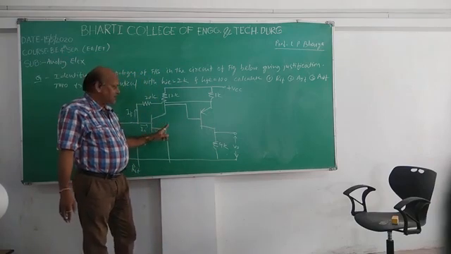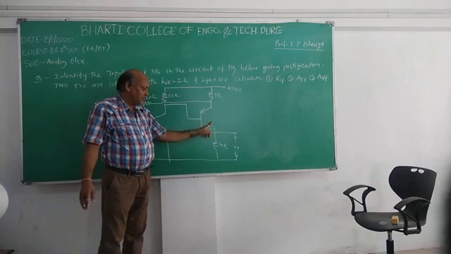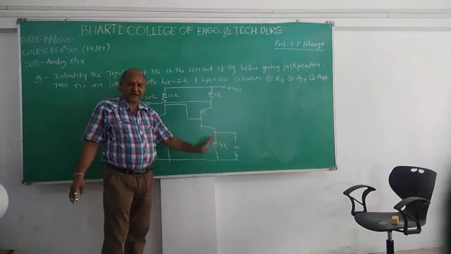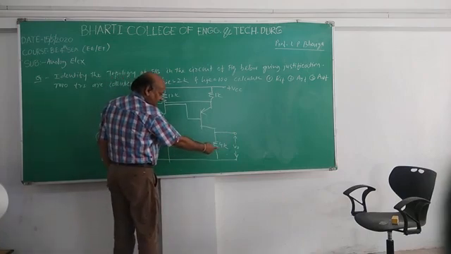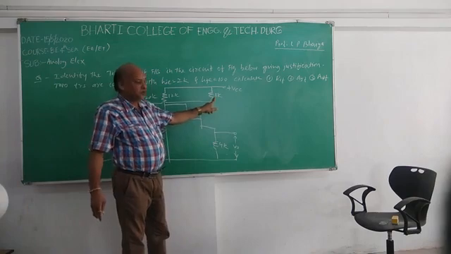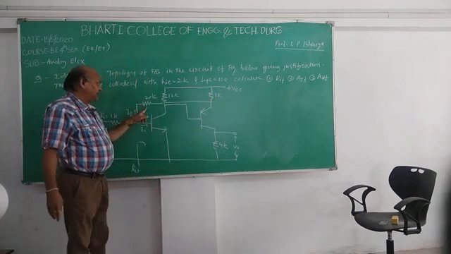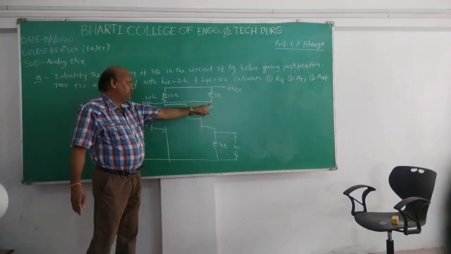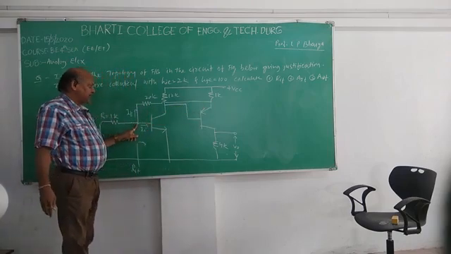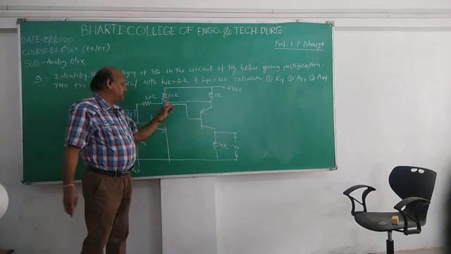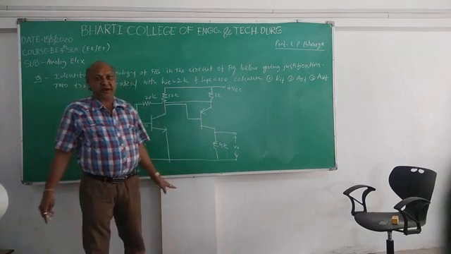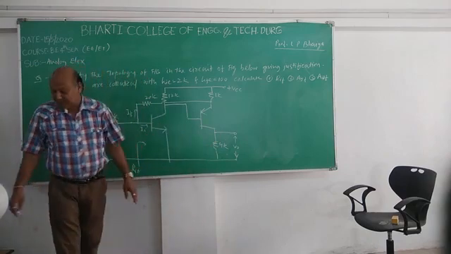The output resistance connected here is 4 kilo ohm, RE2 is this 1 kilo ohm resistance, and there is a feedback resistance. This feedback is connected between this emitter and the base of T1. So this is a feedback resistance of 20 kilo ohm, but the output is here. So you have to identify the topology of the feedback network.